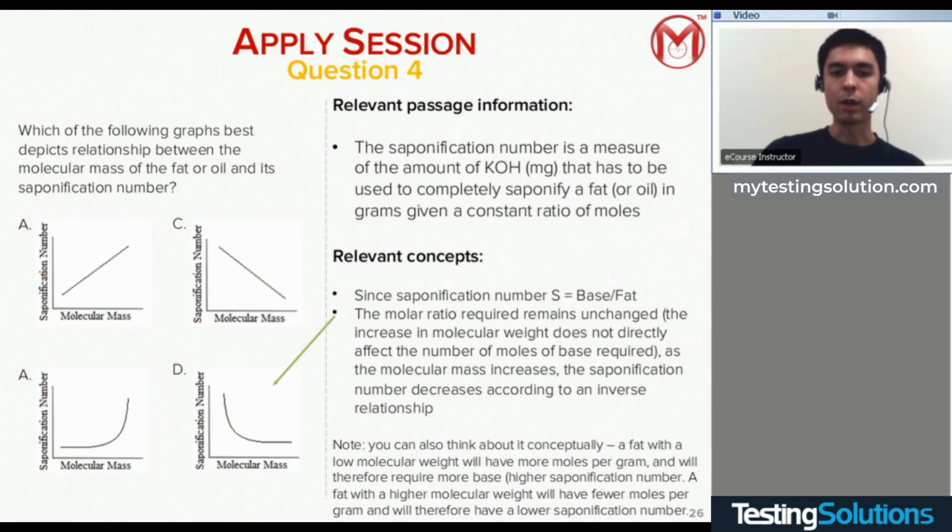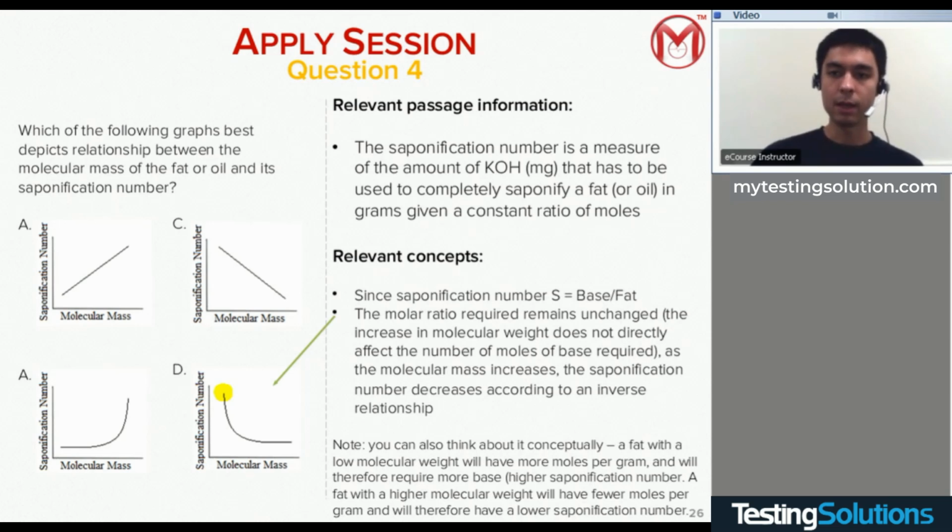Okay, now if that kind of threw you for a loop, let's just think about this more conceptually. If I have a fat with a very low molecular weight, it's going to have more moles per gram, and therefore it's going to require more base, right? My saponification number for a very low molecular weight fat is very big because it has a lot more moles per unit gram. So my saponification number should start very high.